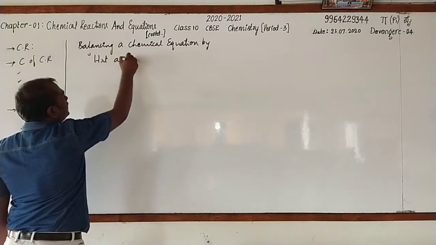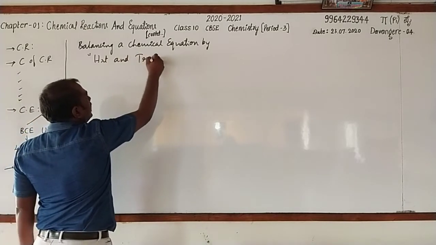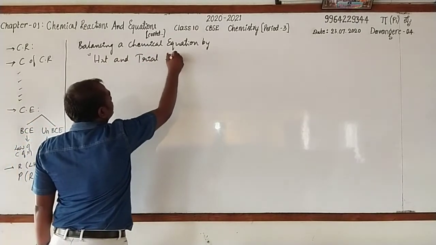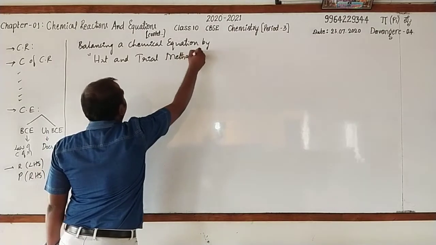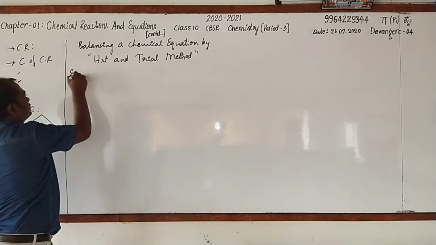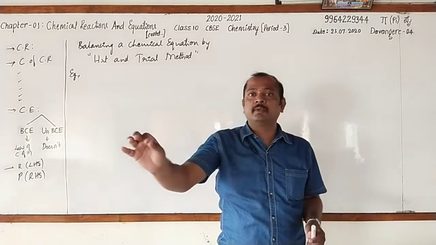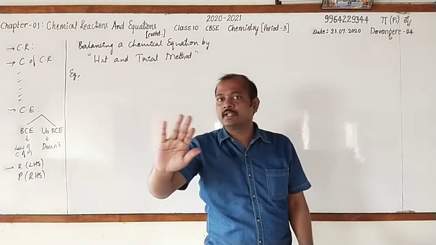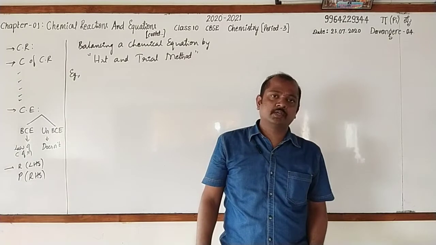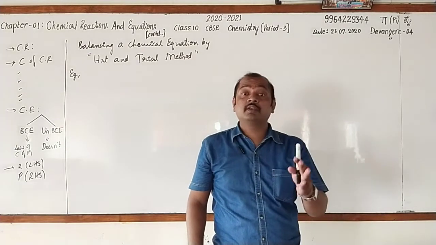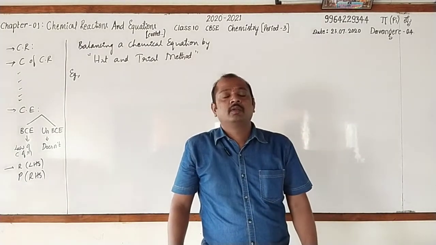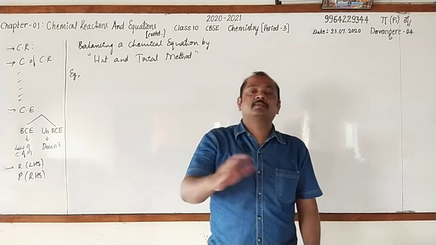Then what is this hit and trial method? So I go for explaining it with a simple example. We know that iron metal usually does not react with cold water, warm water, even hot water. Then how can we say that it reacts with water?